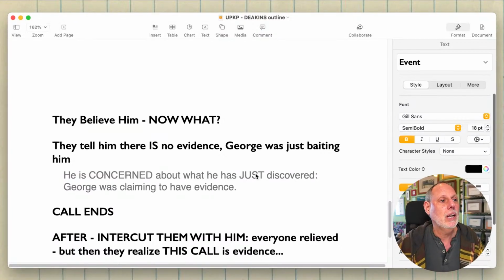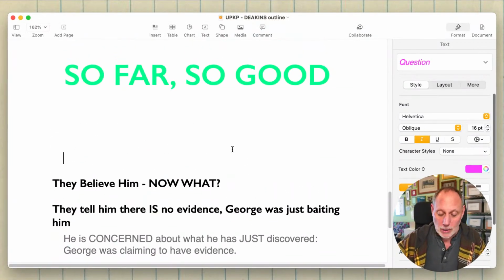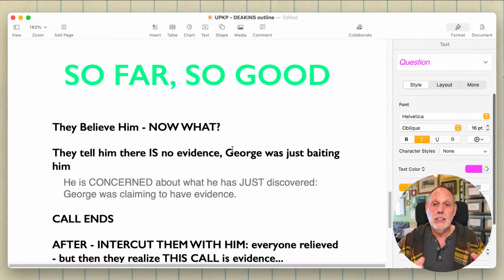That's all it is. So in this case, my working process is I made an outline just for the character of Deakins, who is a retired serial killer who has been brought out of retirement in this sequence by the events of the rest of the script.